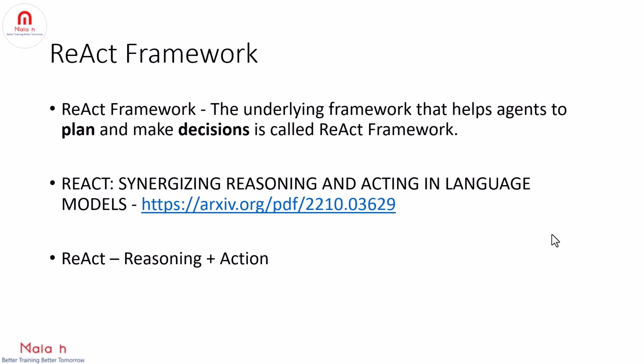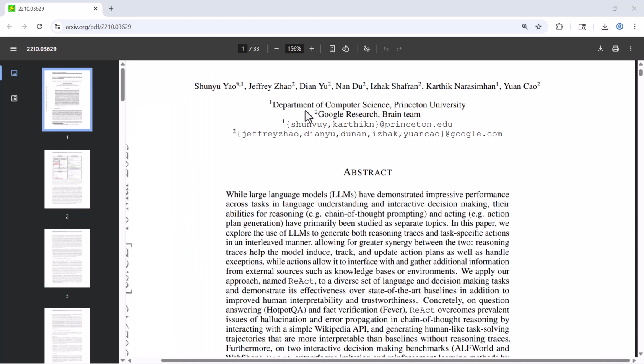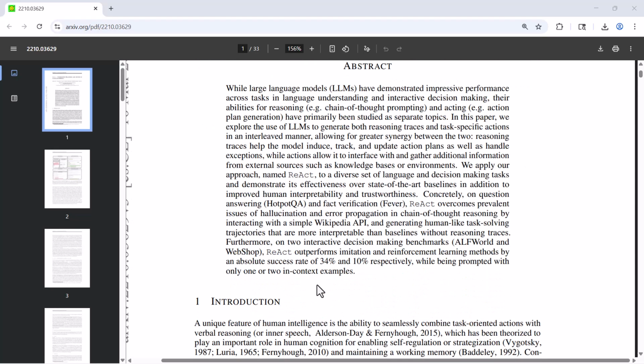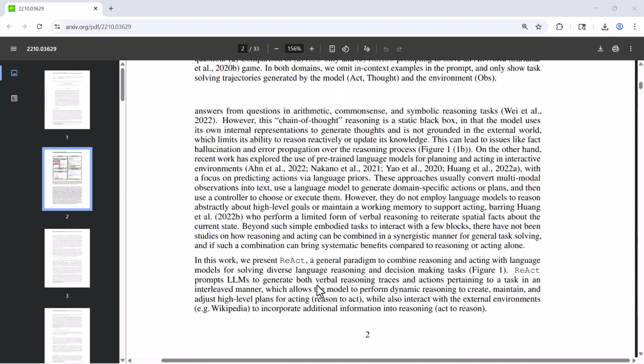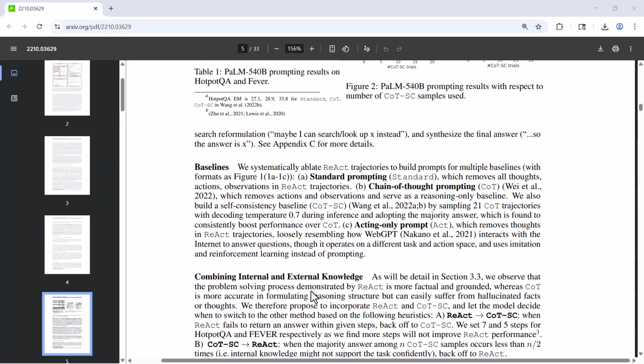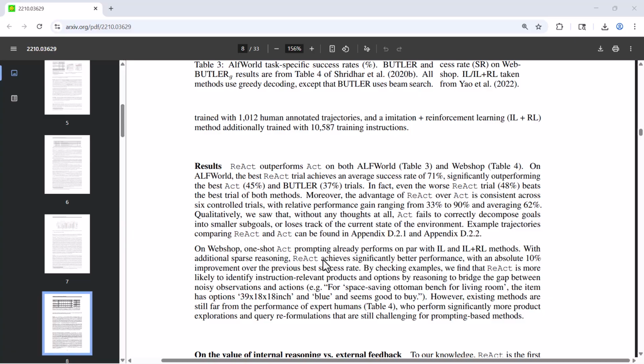Let me take you to this research article. This is the research paper, ReAct: Synergizing Reasoning and Acting in Language Models. Please go through this article when you have some time. I will provide this in the resource section as well, so you can go through it and get an idea of the ReAct framework.